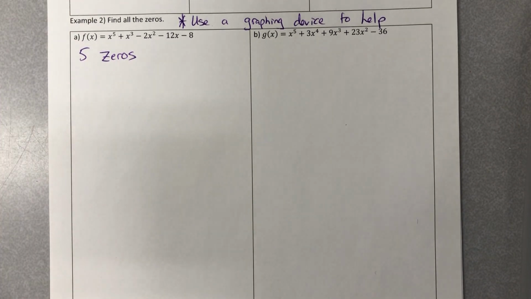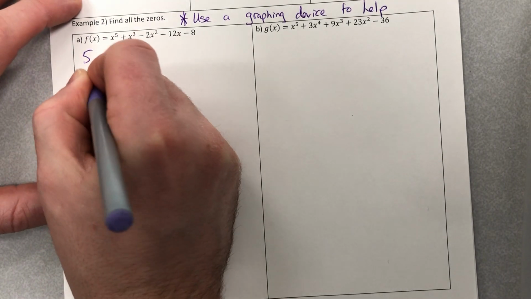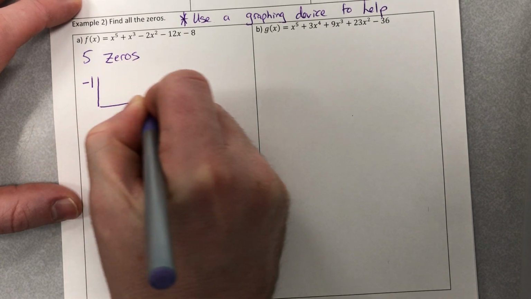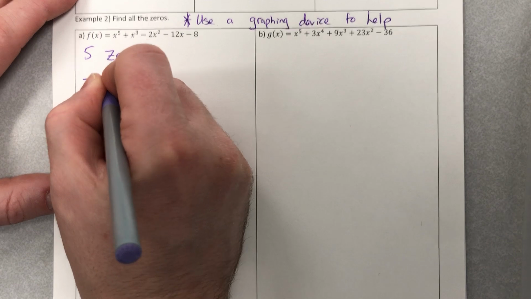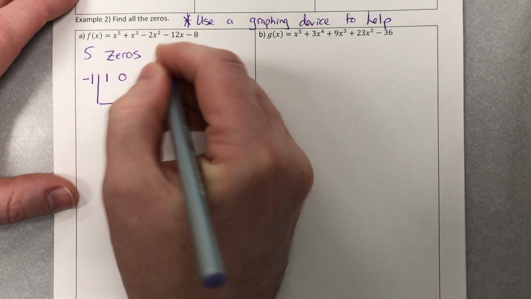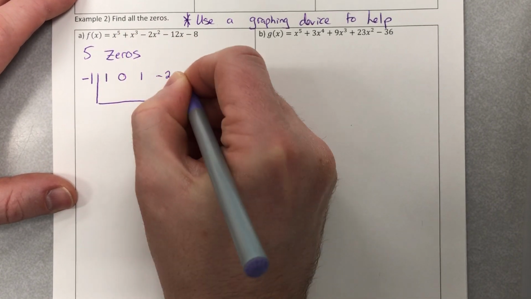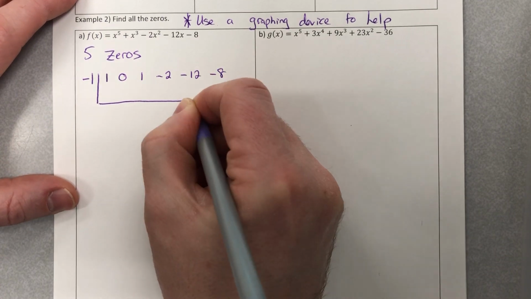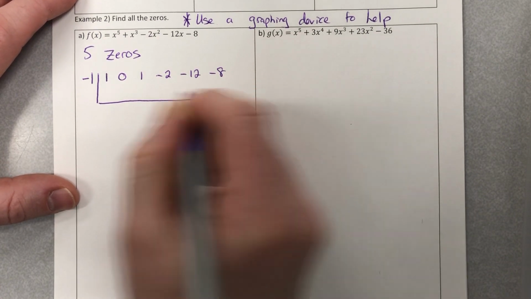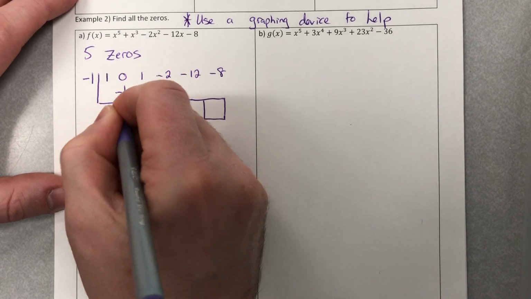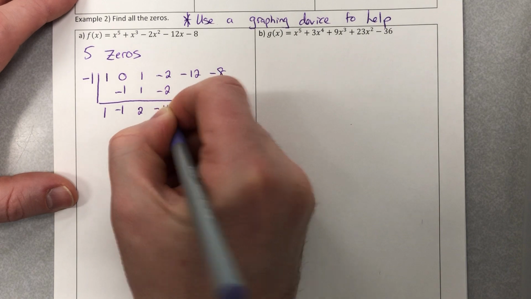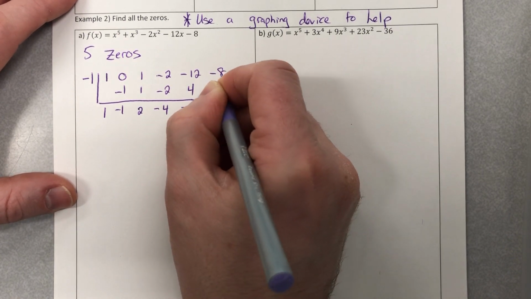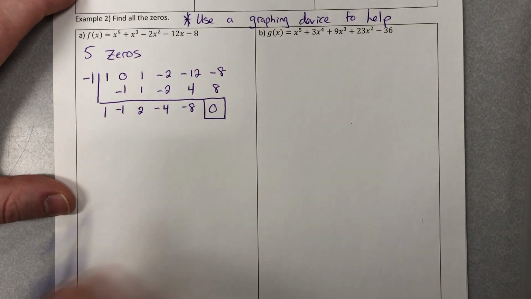When I look at the graph of the first one, it seems like it hits at -1. So I'm going to go through and do my synthetic division. I realize that I'm going to need a 0 placeholder for the 4th power. So I bring down the 1, I multiply. I get 0 as my remainder.